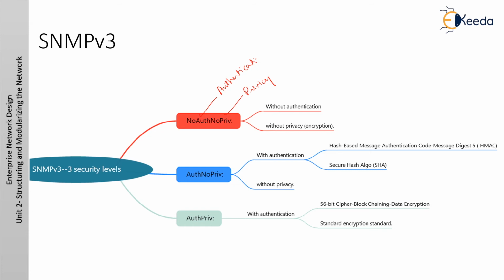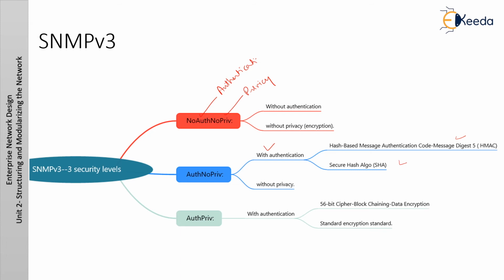How do we implement the different methodologies? If it is provided with authentication, then there are two different protocols: hash-based message authentication code MD5, HMAC-MD5, and the Secure Hash Algorithm protocol, SHA.